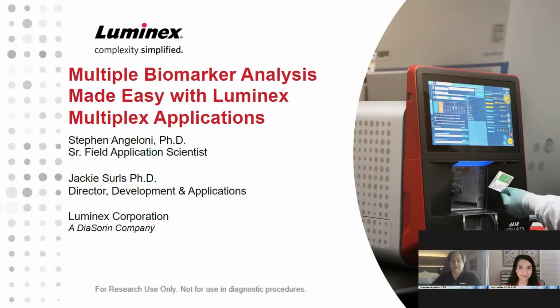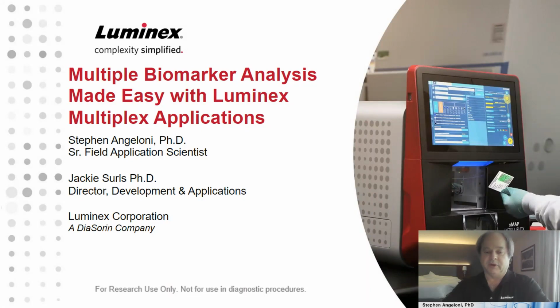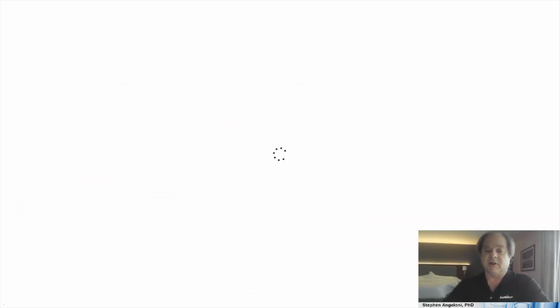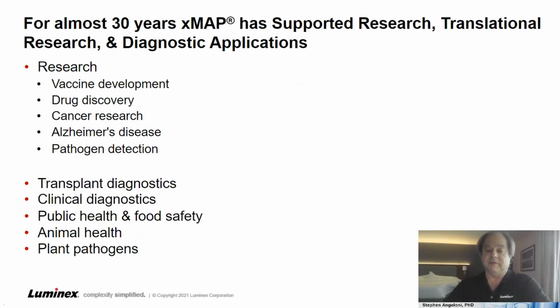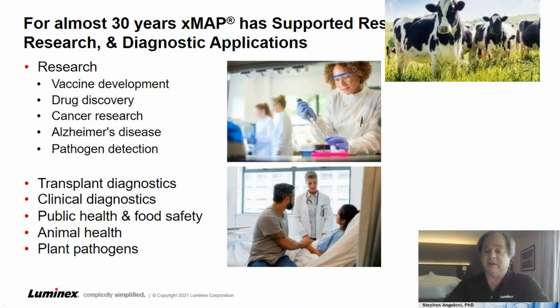Thank you very much for that introduction, and welcome to all you viewers from wherever you are. If you don't know about Luminex, we're going to be diving into that in more detail here. So, multiple biomarker analysis made easy with Luminex Multiplex Applications. Luminex has a long history, over 30 years of helping researchers in basic research, translational research, and therapeutics in many different fields.